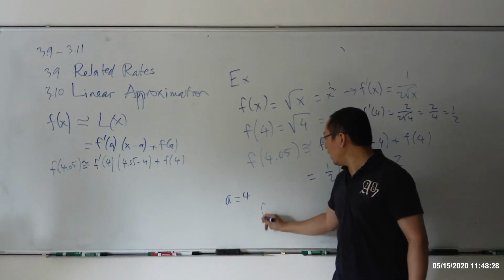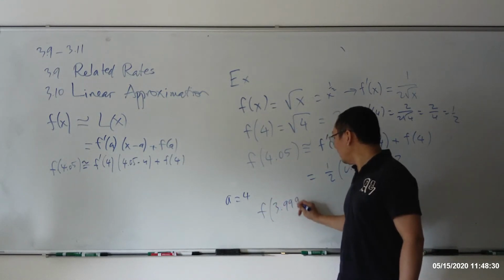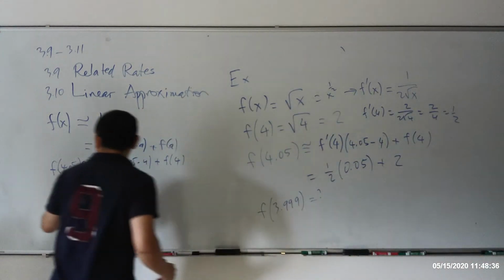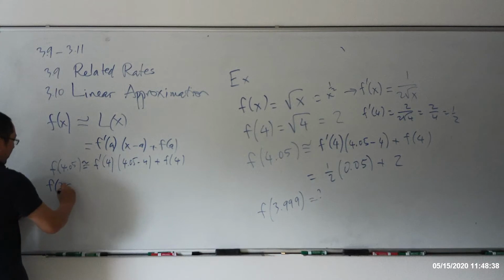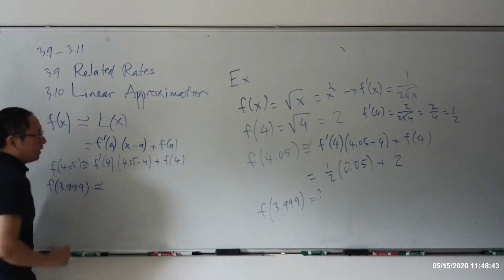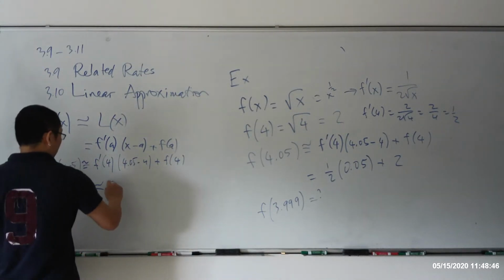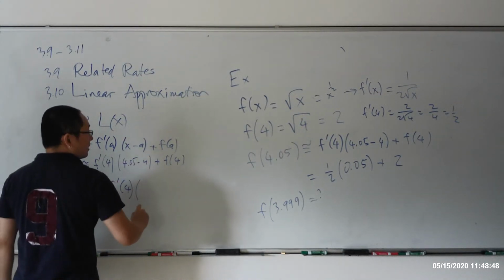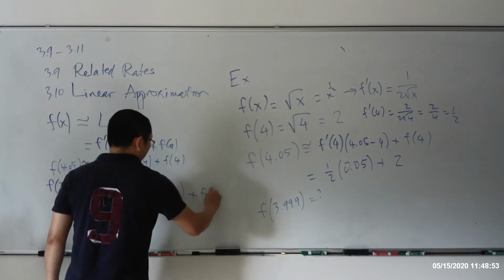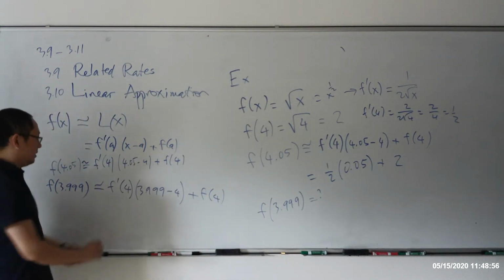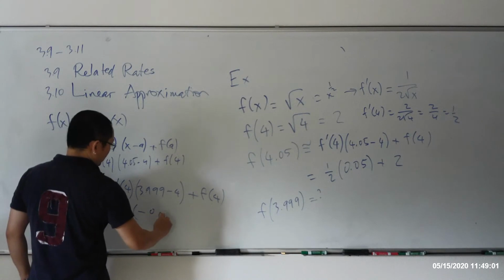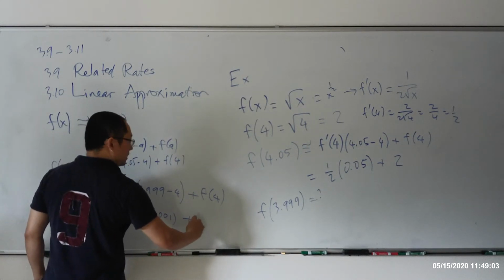Similarly, can I approximate f of 3.999? Yeah, same way. f of 3.999 is approximately equal to f prime of 4 times 3.999 minus 4 plus f of 4. Same idea. This is 1/2 times negative 0.001, and then plus 2.